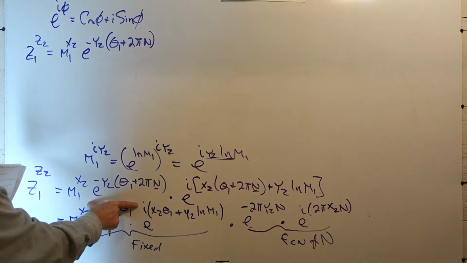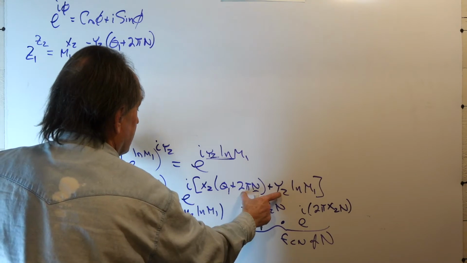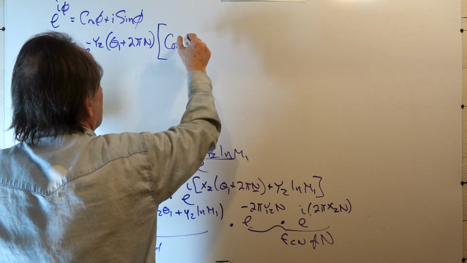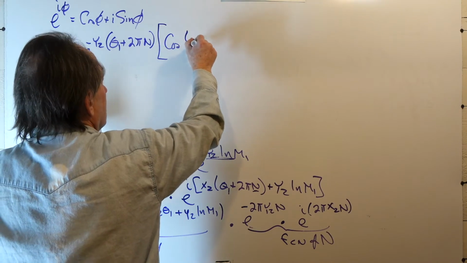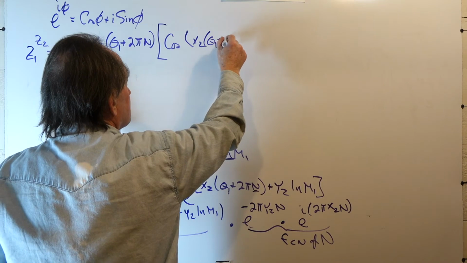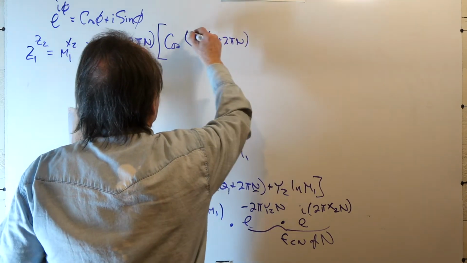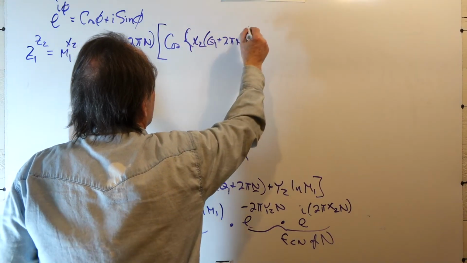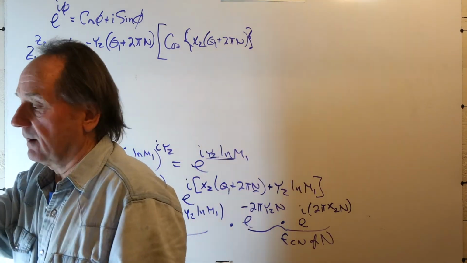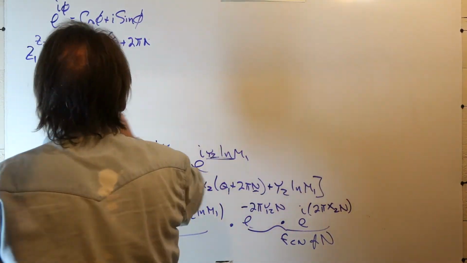Okay, that's our magnitude. Now we're going to apply Euler's identity to this. So we have now the cosine of x2 theta 1 plus 2 pi n. Yeah, it's kind of sloppy. I'll redo that.